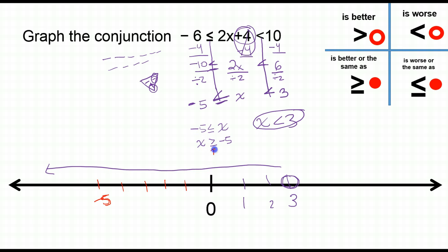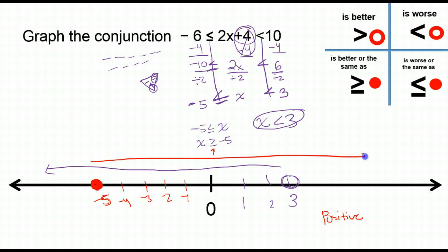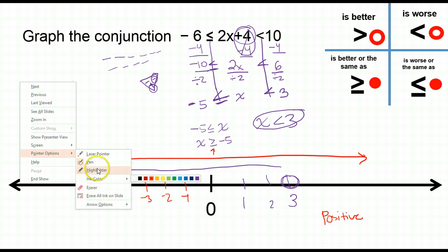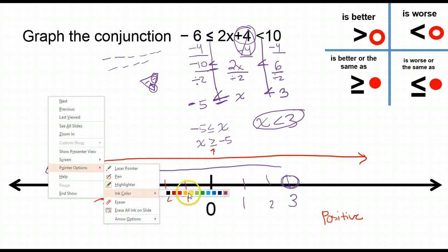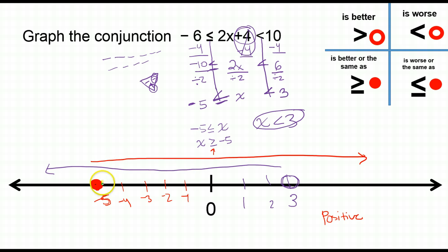Open or filled in? Filled in. All right, and what are some numbers that are greater than negative 5? Well, negative 4, negative 3, negative 2, negative 1, all the positive numbers. It's pretty much all the numbers going that way. Again, there's a bit of an overlap. I'm going to shade that in. Hopefully, I will shade that in with yellow. Okay, so there is a bit of an overlap there.